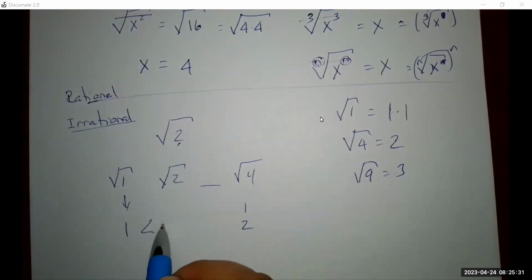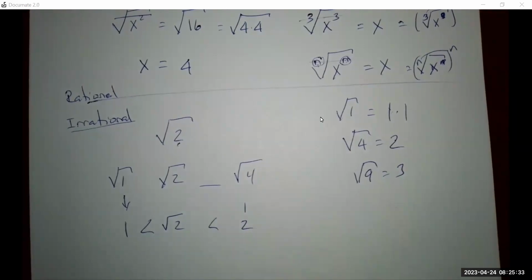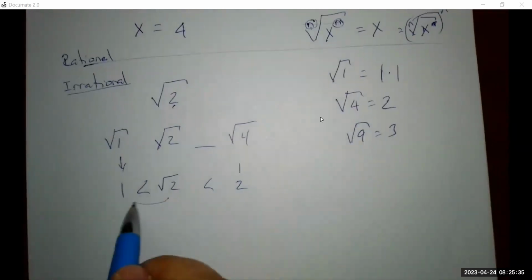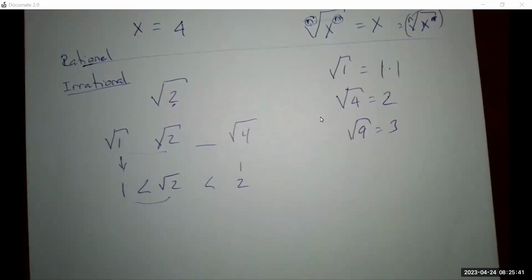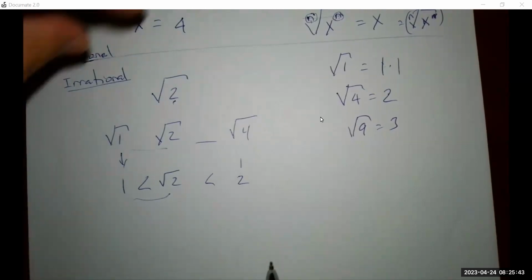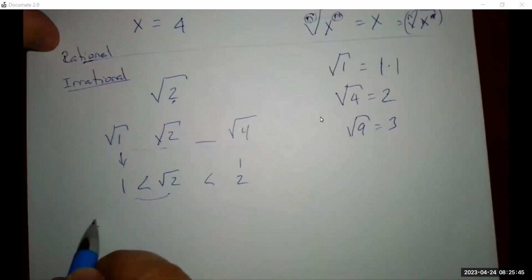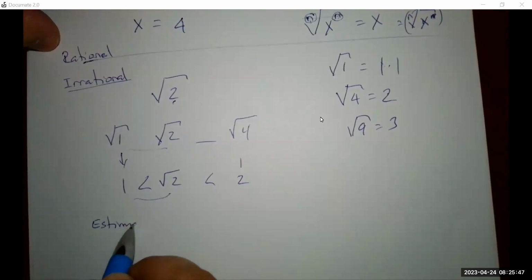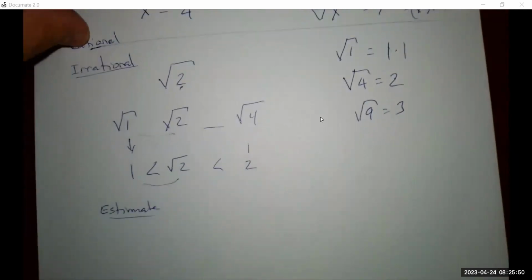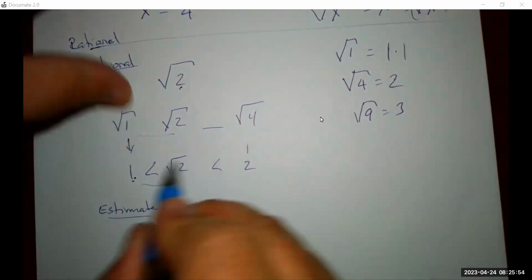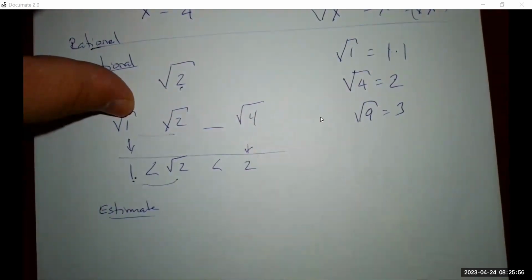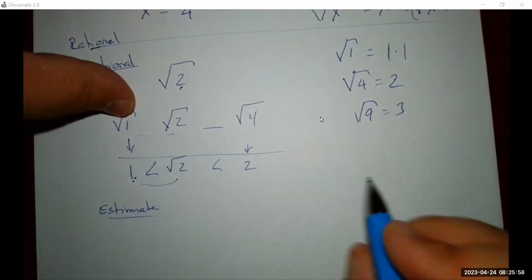So it has to be somewhere between there, but closer to the square root of 1, or 1. How do we figure this out? We estimate. The number has to be bigger than 1, but less than 2. So let's try it.